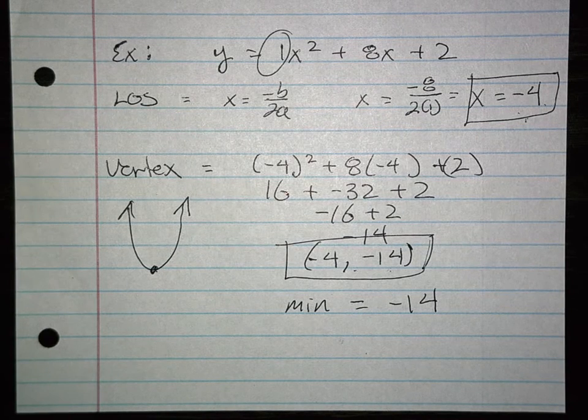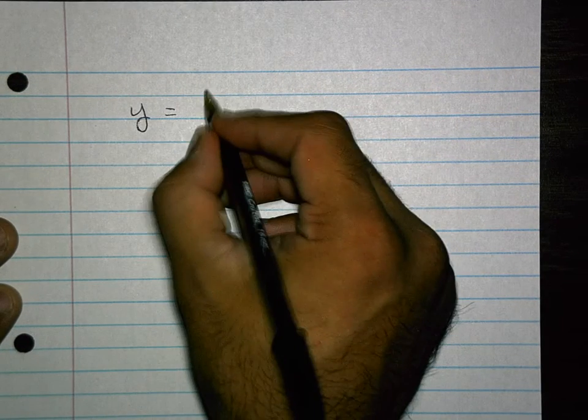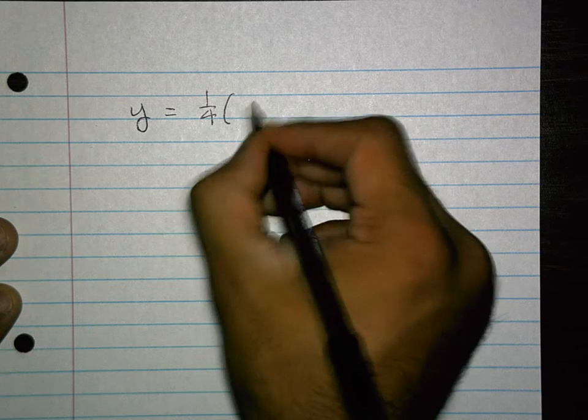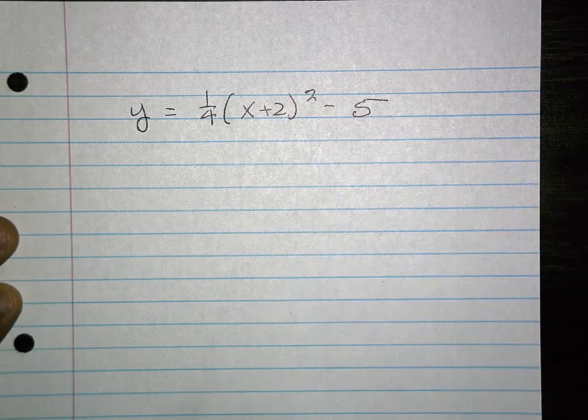All right. Let's look at one that is in the HK form. Find some of that same information. y equals 1/4 times (x plus 2) quantity squared minus 5.